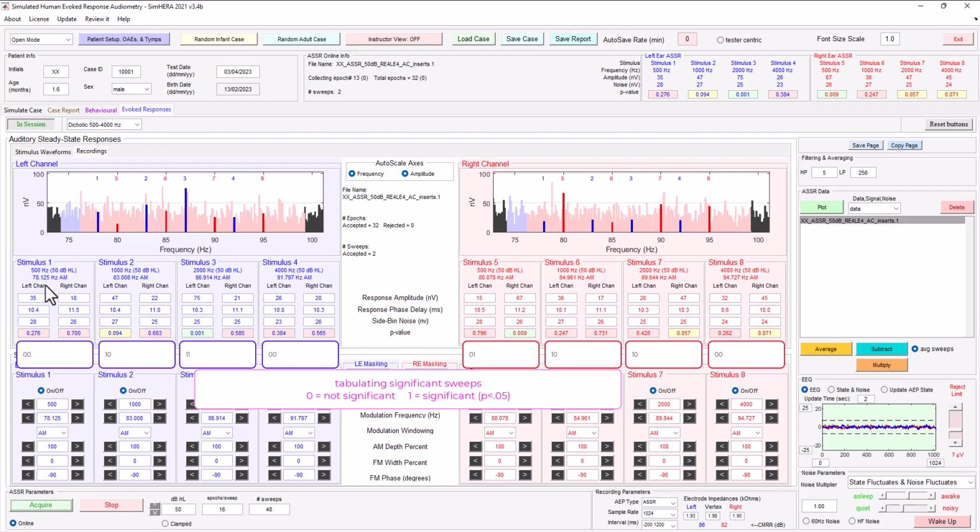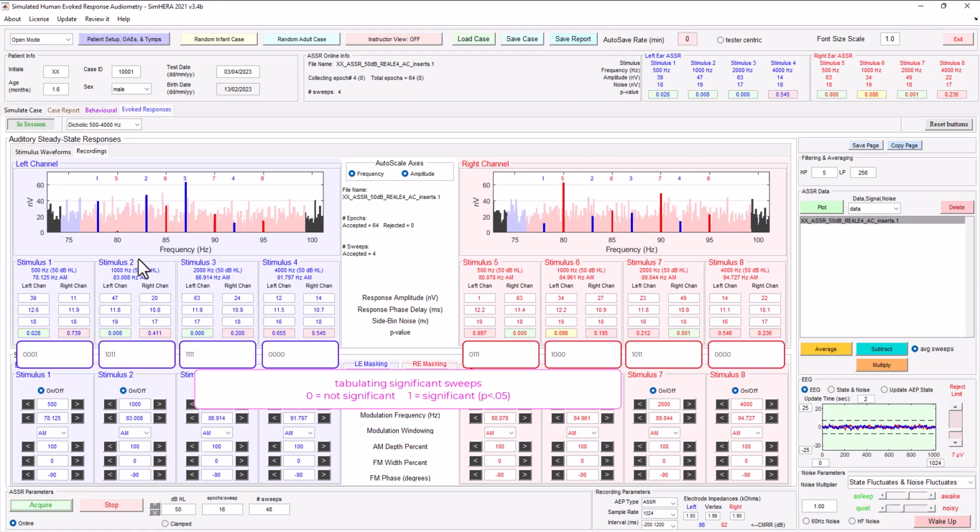Now you can get responses in both channels with respect to what stimulus you're putting into which ear. So this is stimulus 1, left channel. The right channel will also have an assessment going on, and that corresponds to this one over here. What we're doing is we're trying to count how many times the response stays in.